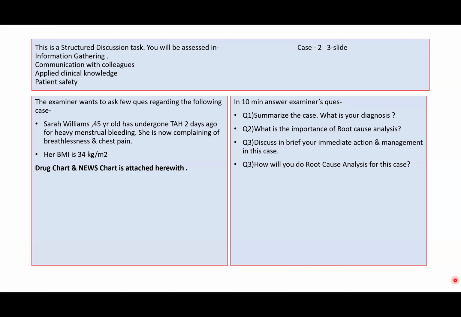After forming the team, the next step will be to gather data, and the next step will be to find the contributory factors as well as patient factors, and all these factors will be put in the root cause analysis chart, and further actions will be taken for the case.